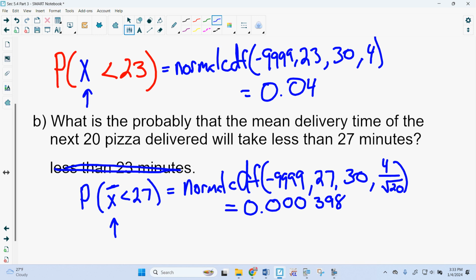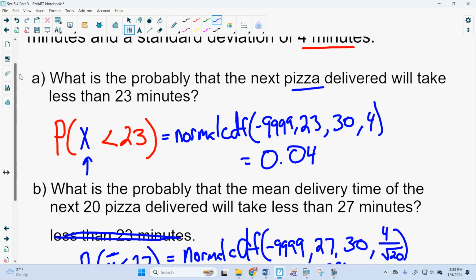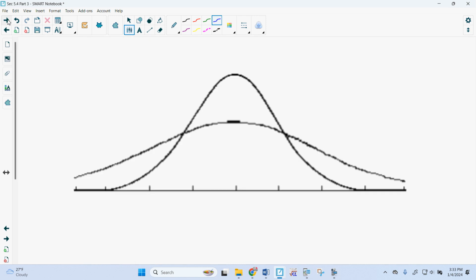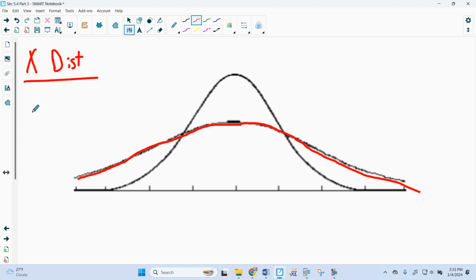Now, if you think about these two problems, let's consider the graphs here. If this is our x distribution in red, our mean is 30, our standard deviation is 4.